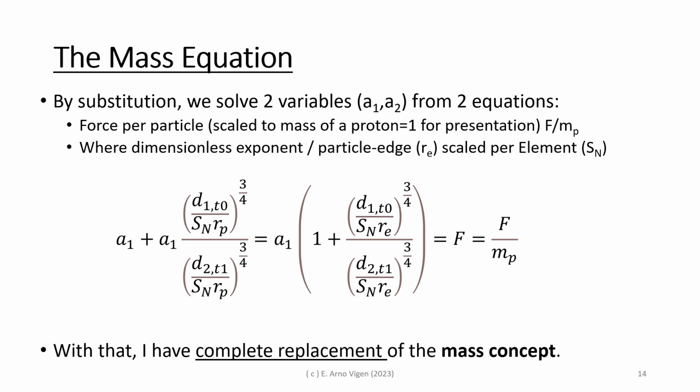And as a result, you get acceleration of 1 times 1 plus this position of field over position in field equals the force, and I get to replace that with the force per particle. So force divided by the mass of P1. So when you're taking the units of newtons, remember that I am reducing the kilograms out of that, so I'm getting meters per second squared per particle. So now I have an individual acceleration for each, and with that I have a complete replacement of the mass concept.